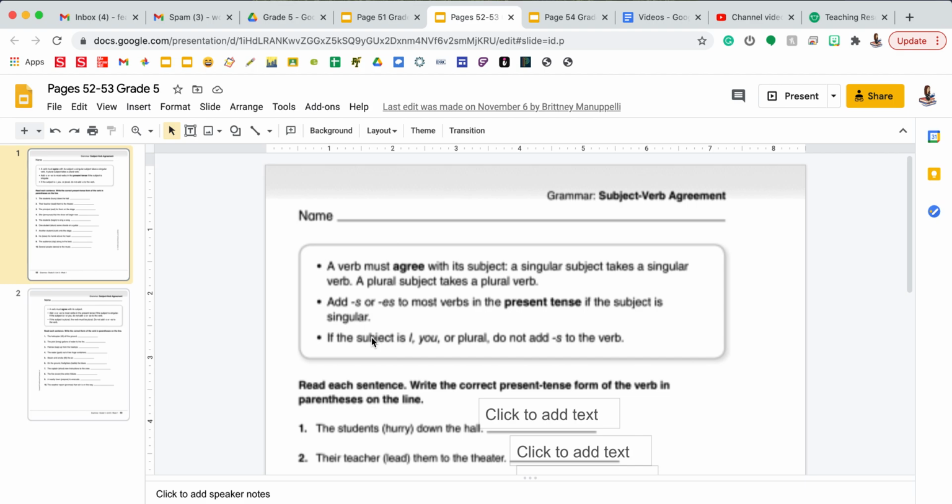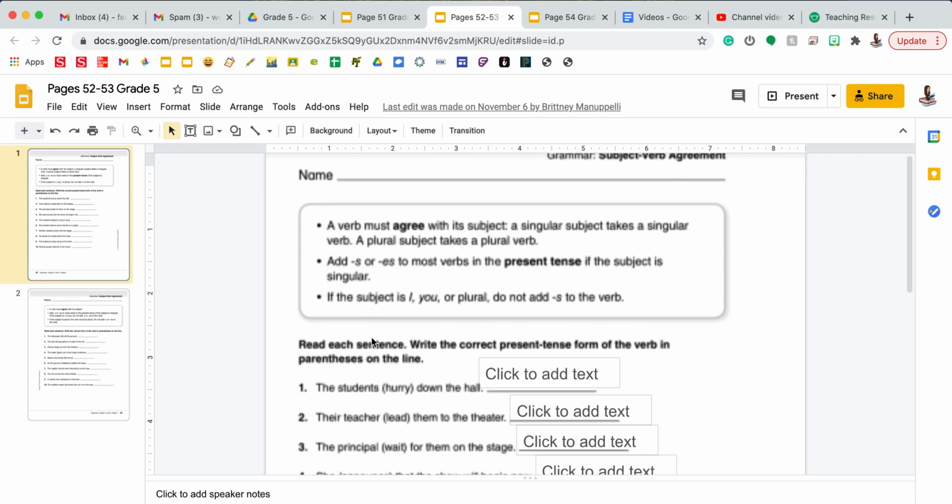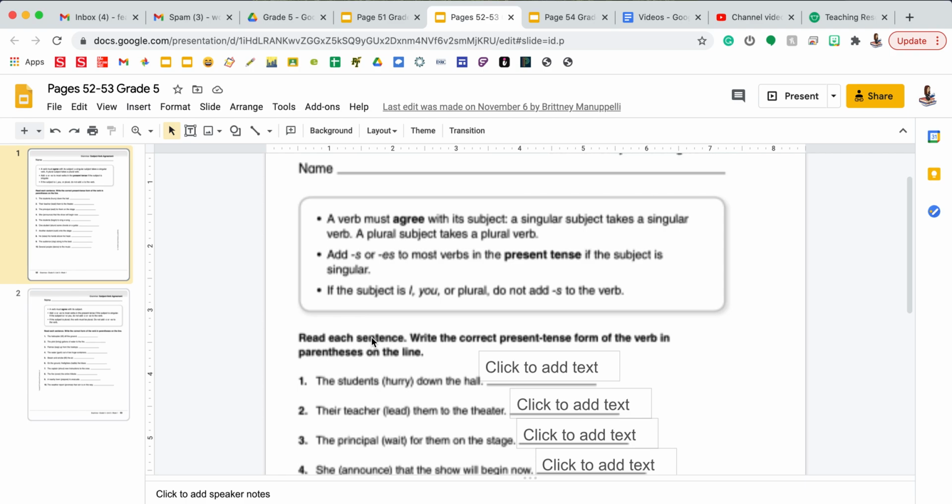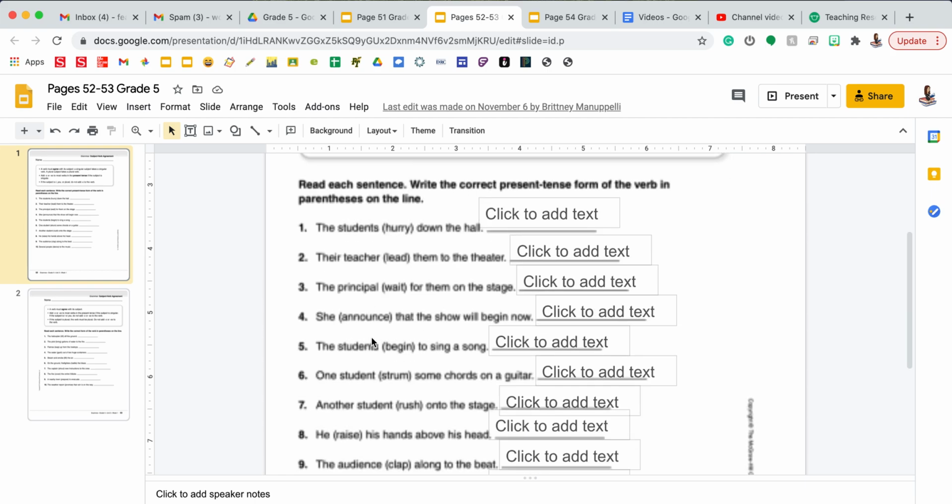If I said Mrs. Feathers and Blake shop at Target, I have a plural subject, Mrs. Feathers and Blake, therefore I do not add an s to my verb. If the subject is I, you, or plural, we do not add an s to the verb.